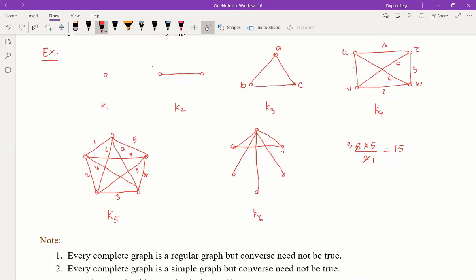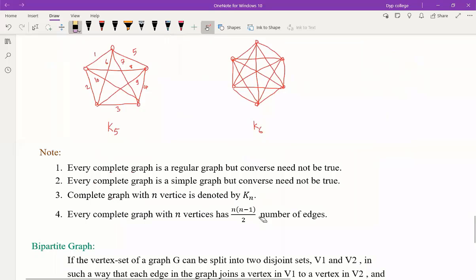Then 6, 7, 8, 9, 10, 11, 12, 13, 14 and 15. So there are total 15 number of edges. Clear? So if you have a complete graph and the number of vertices of the complete graph, then easily you can find out the number of edges by using this formula. ये फॉर्मूले से आप डायरेक्टली कैलकुलेट कर सकते हो.